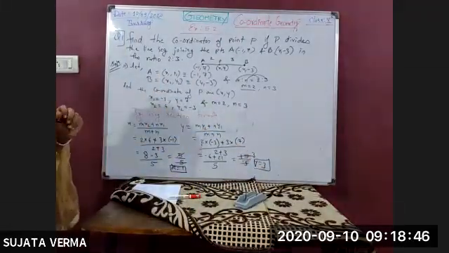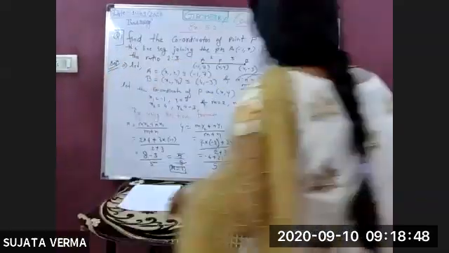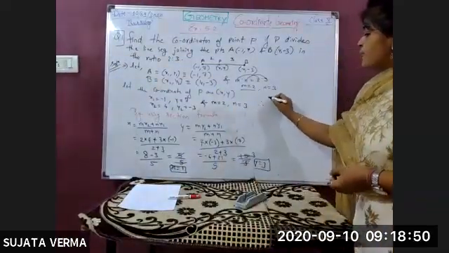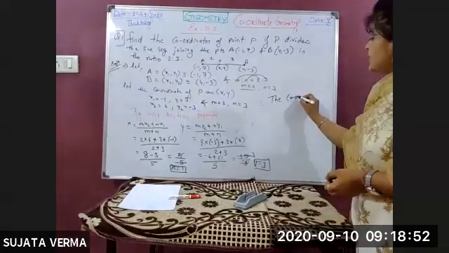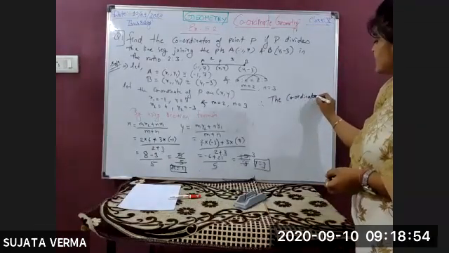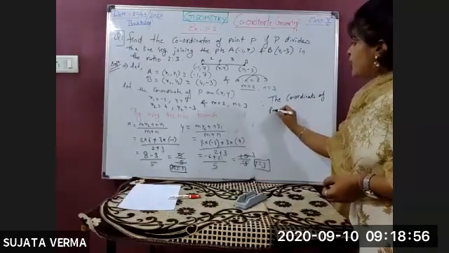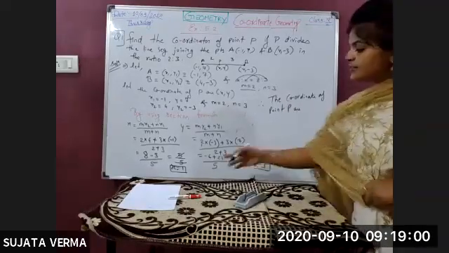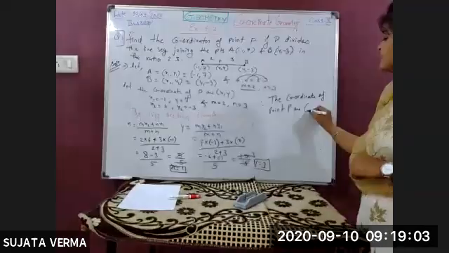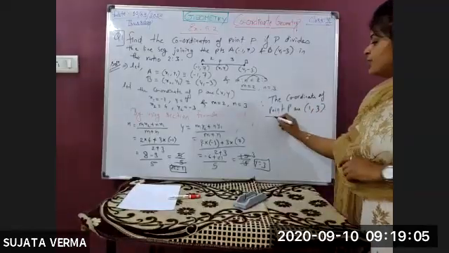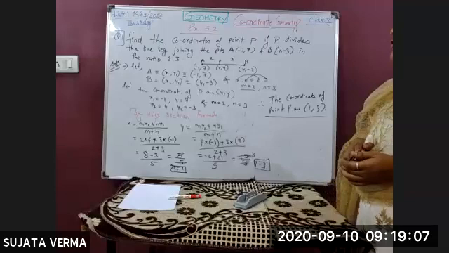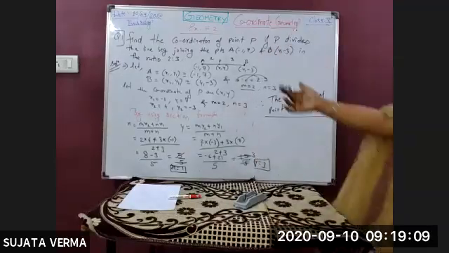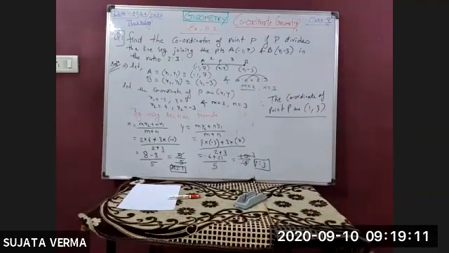And finally we write: therefore, the coordinates of point P are (1, 3). So in this way, you have to solve this type of question. Now take the screenshot.